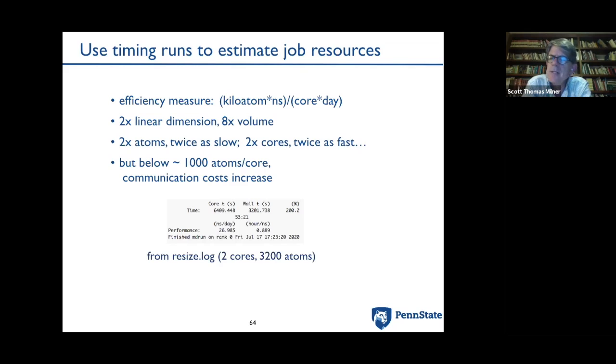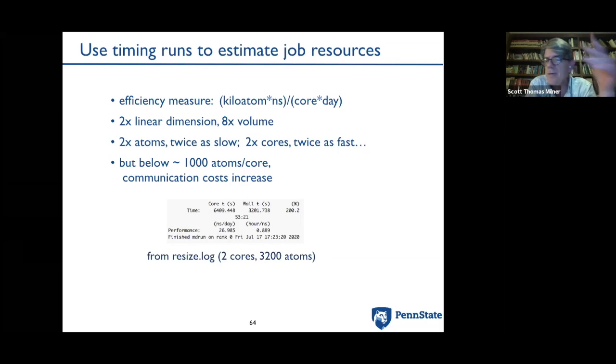3 dimensions is a demanding place to be, right? Because you increase your system dimension by a factor of 2, which doesn't sound like that much, and all of a sudden you've got 8 times as many particles. So we have to be very conservative about choosing system sizes, especially to avoid simulating empty water.